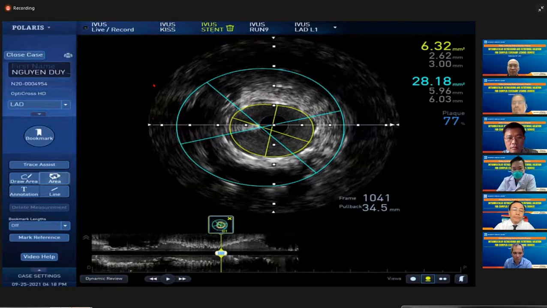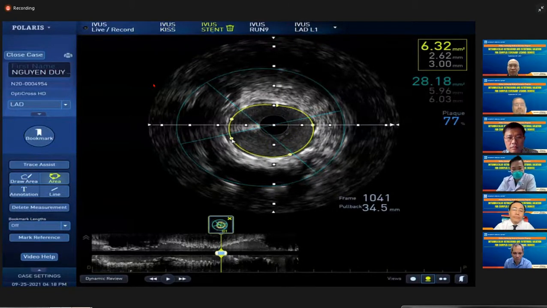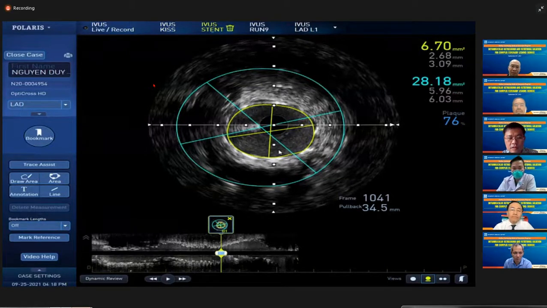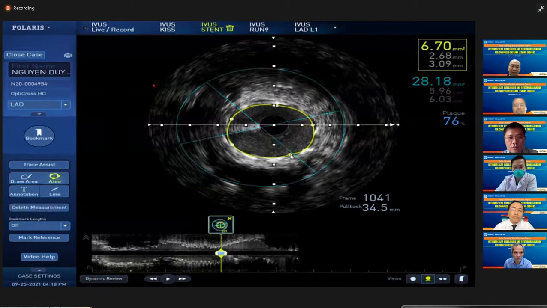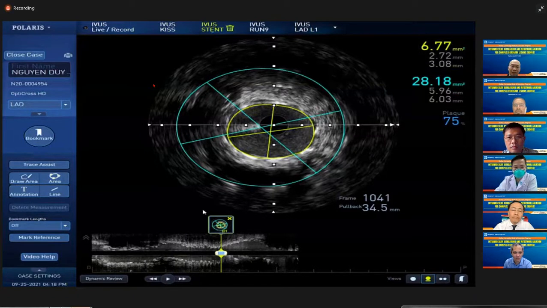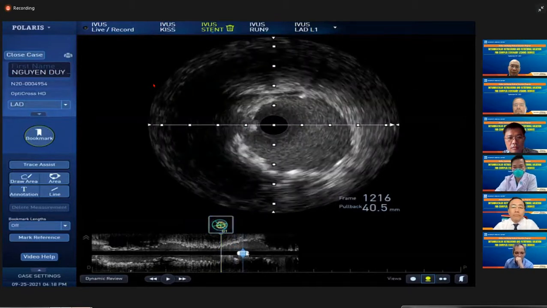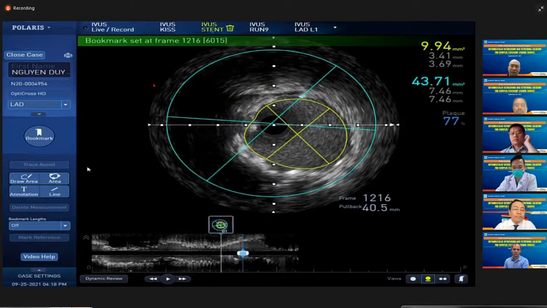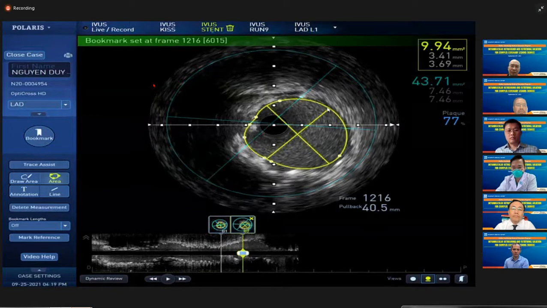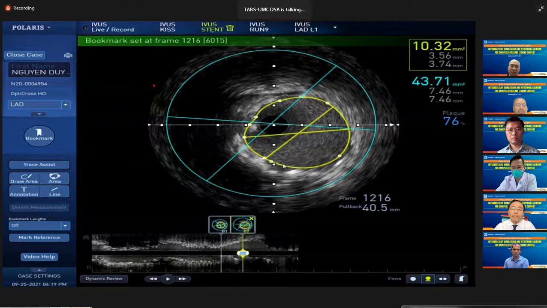It's about 6.5 or 6.6 maybe. Hold on, check the left main again, measure the left main again. It's about 11. Yeah, it's the same.